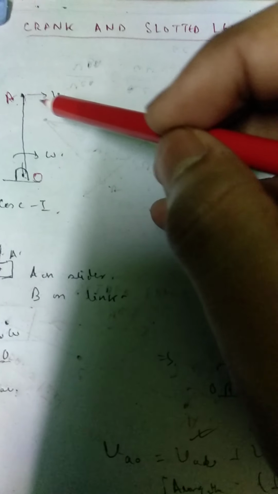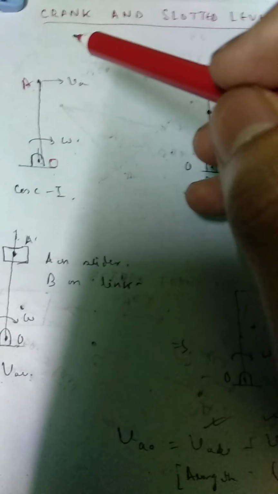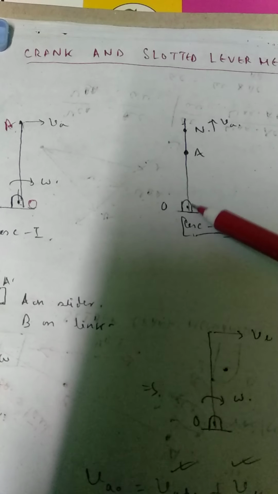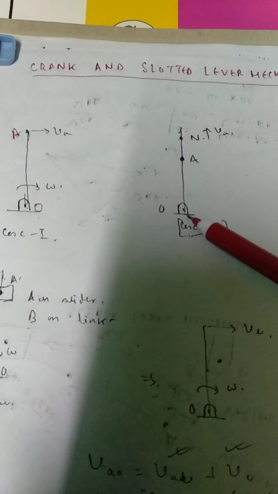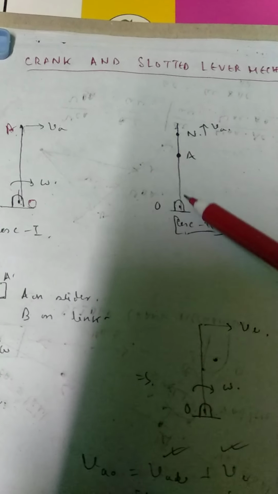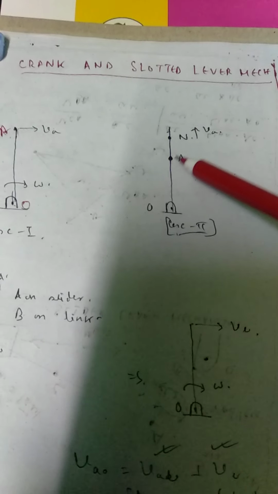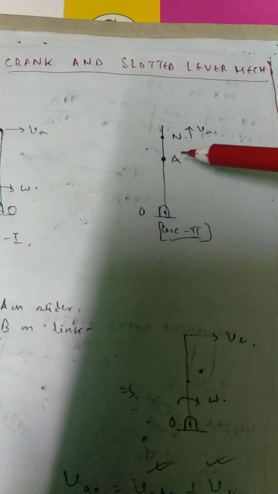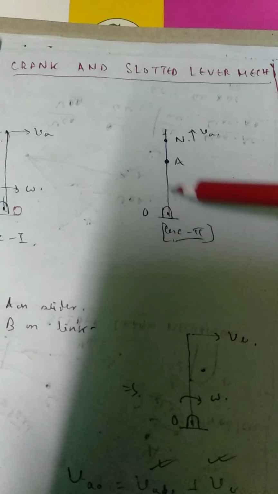At this instant, the velocity will be denoted by V, and it will be perpendicular to the position of the link. Now take this second case. Suppose this link is fixed, not like the previous one, and consider this point A, which is able to move along this link. What will be the velocity of point A with respect to this fixed point?